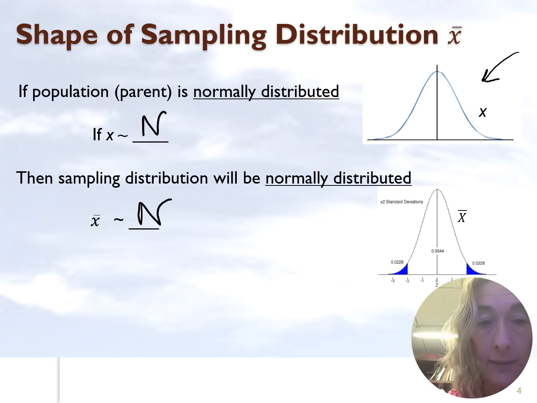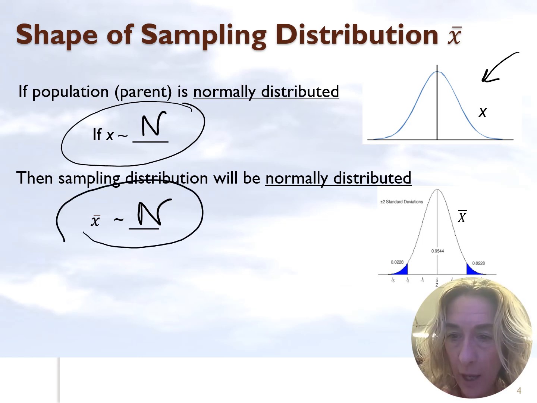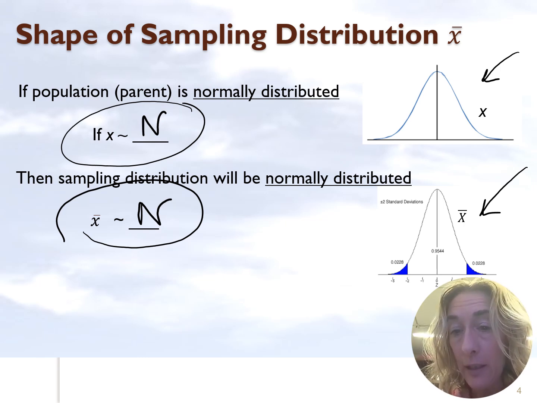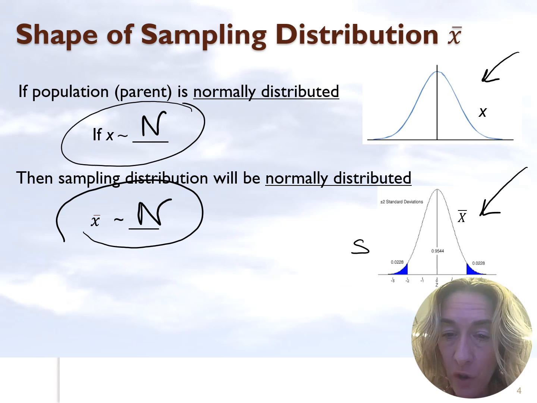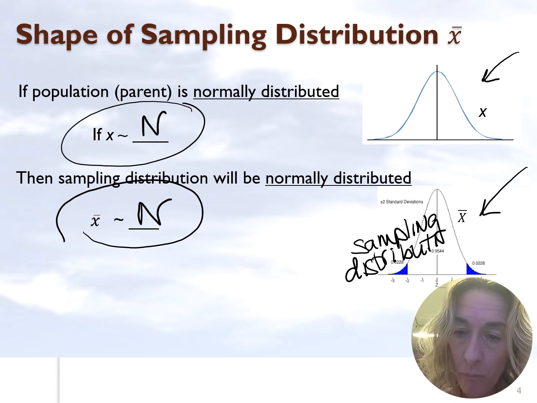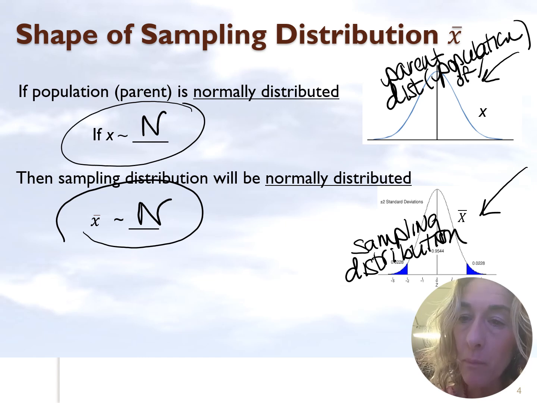So if x is distributed normally, x bar is automatically distributed normally. On the right is the distribution for x bar. This is your sampling distribution. This is your parent distribution, another way to say it, your population of x.